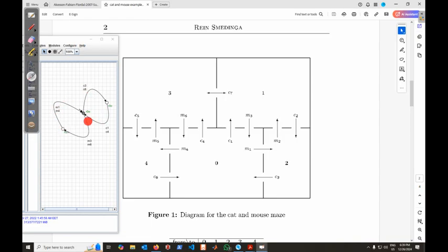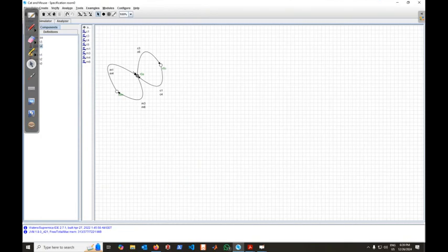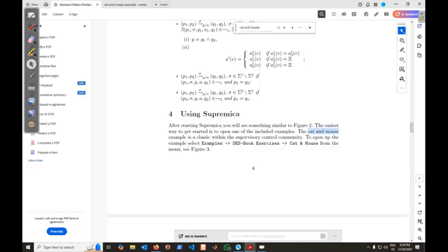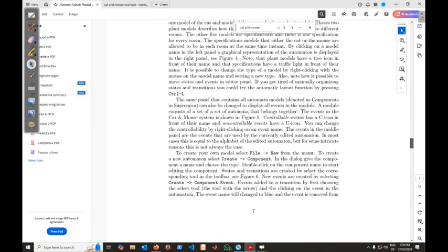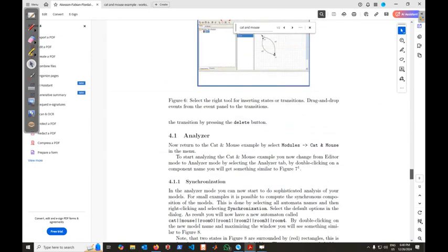This is the same methodology. The specifications are written for room 1, room 2, room 3 and room 4. You can verify that yourself. If you refer now to the manual of using Supremica, it will explain, for instance, how to synchronize.